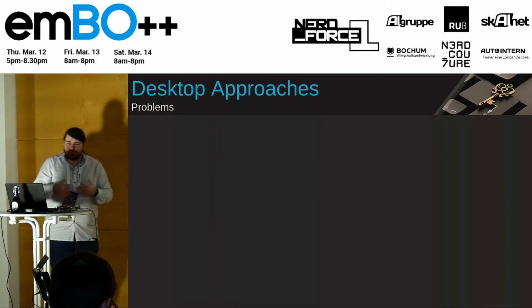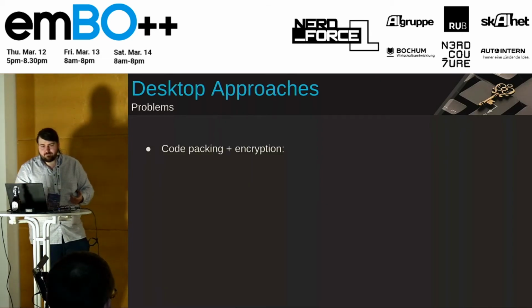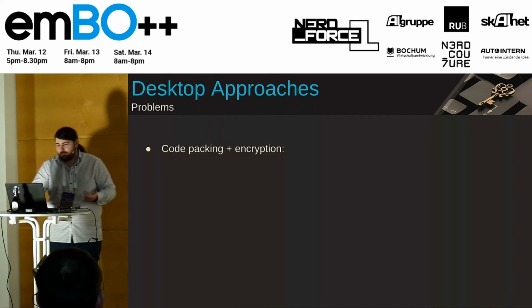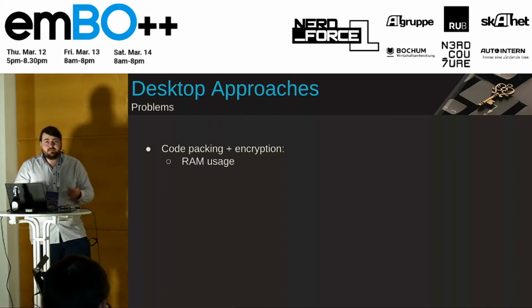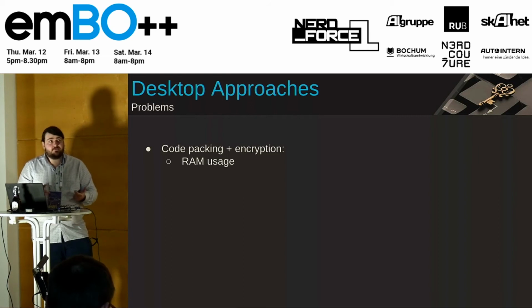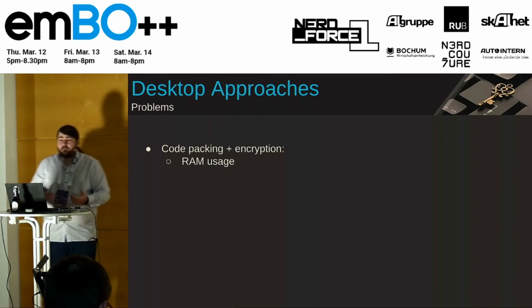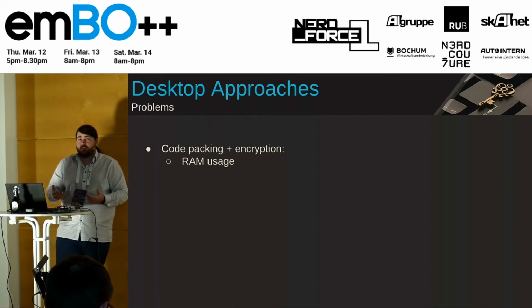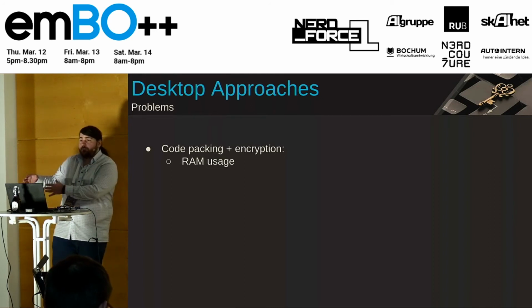So what are the problems? With code packing and encryption, as I already said, you can easily circumvent it, but apart from that, you also have some resource constraints that will break it on embedded systems. You have a whole lot of RAM usage. For example, if you're talking about a device with a few hundred kilobytes of RAM, but 2 megabytes of flash, you can't fit your whole image into RAM to decrypt it before execution.